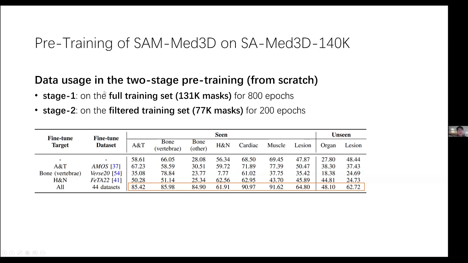In stage 1, we train the model for 800 epochs on the full training set, about 131,000 masks. After this stage, we train our model for 200 epochs with a filtered training set, about half the full training set. As can be seen in the experimental results, the two-stage training can effectively improve our performance on almost all anatomical structures.